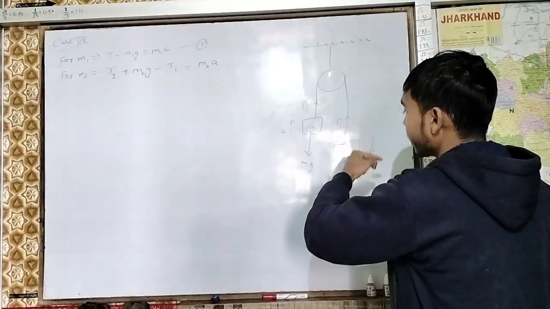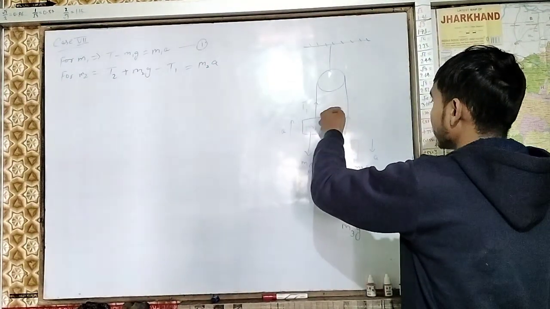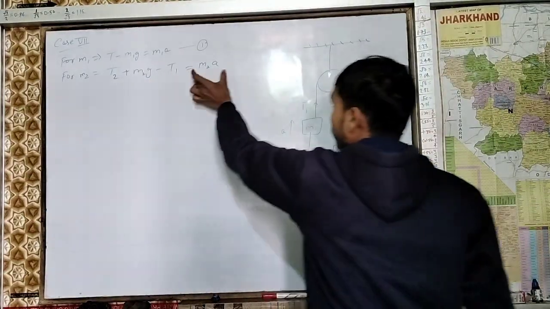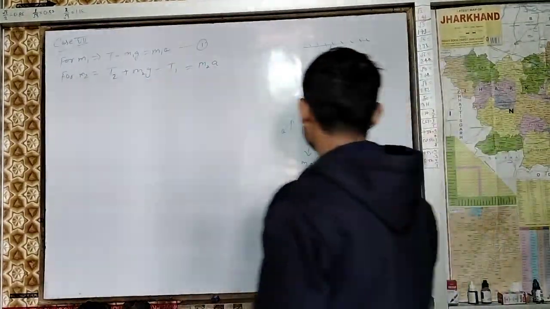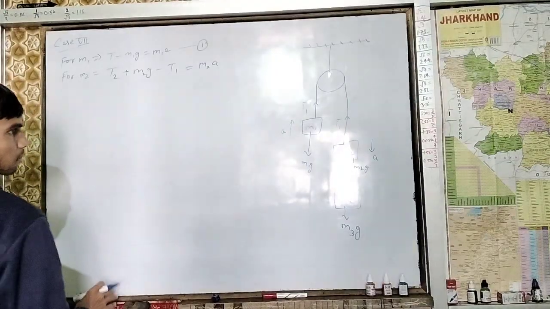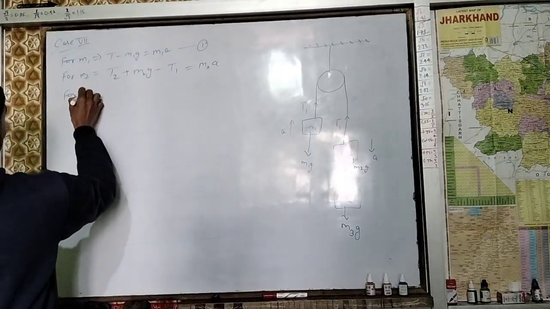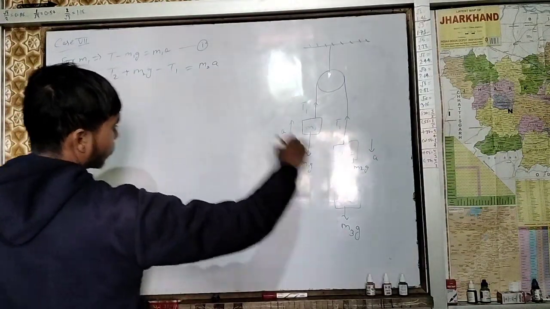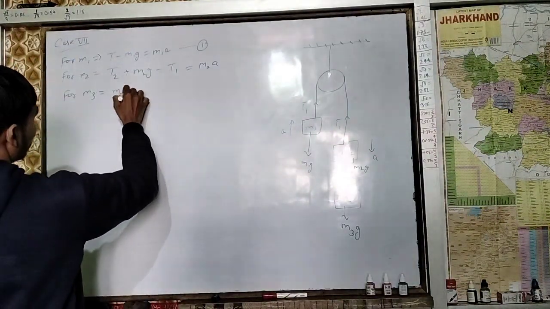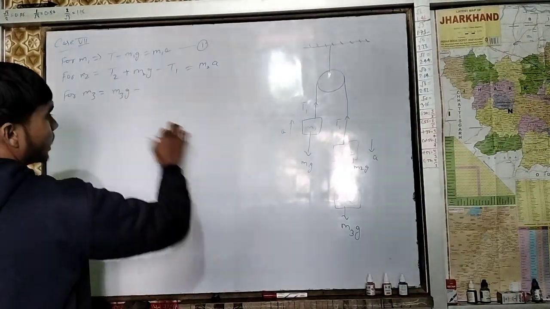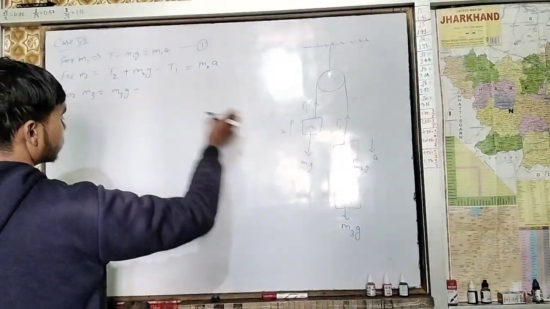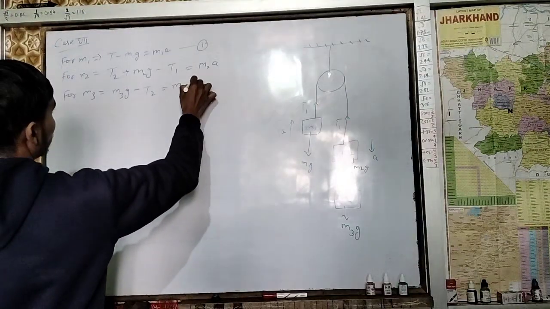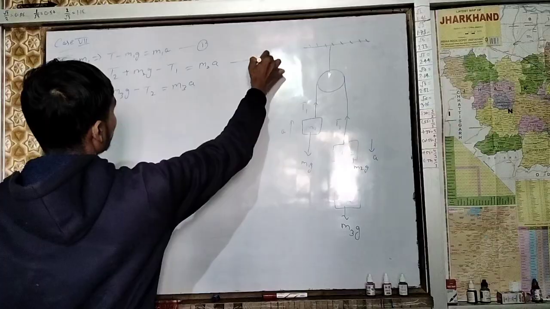So T2 plus M2Z minus T1 will be equal to, this is our net force, and M2 into A. Now it's a time of M3, for M3, downward force. So M3Z minus T2 will be equal to M3A. Okay, this was the second equation.